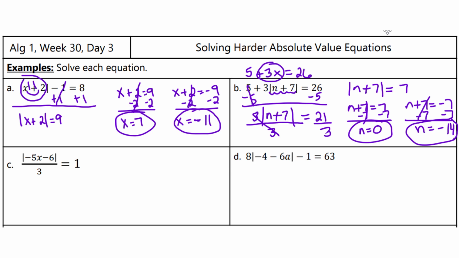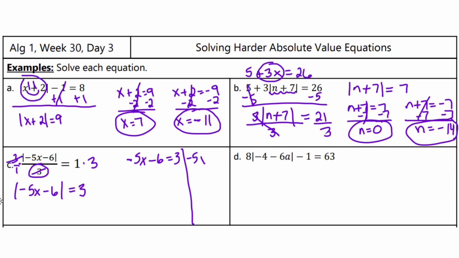Okay, what in the world is going on in C here that we've got a fraction? Oh my. We need to start off by getting this 3 off of the bottom, and we do that by timesing both sides by 3. So now it equals 3, and I can split this up into plus and minus.